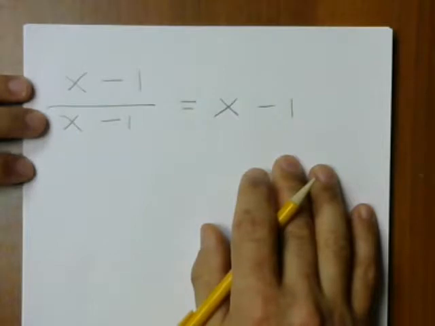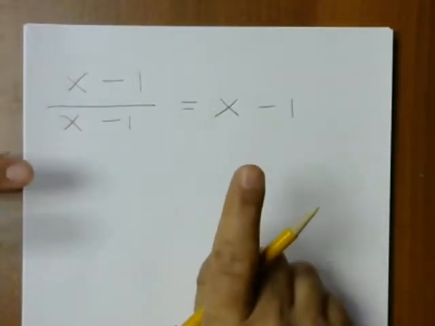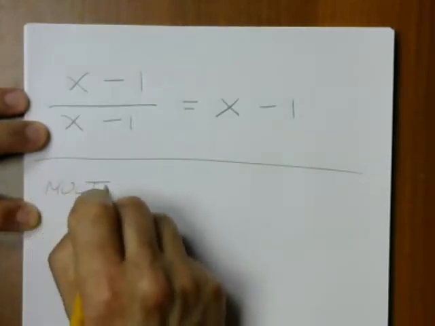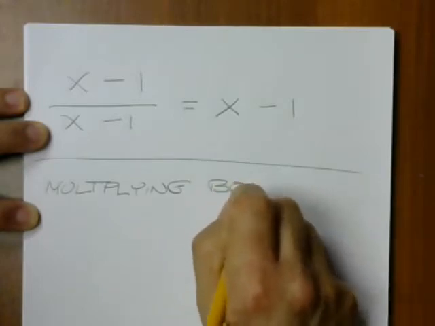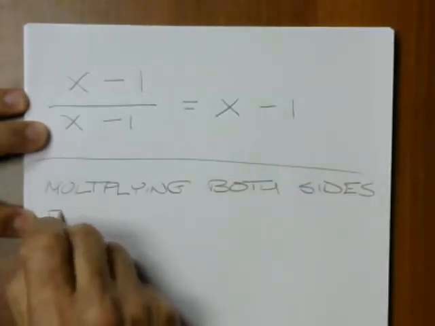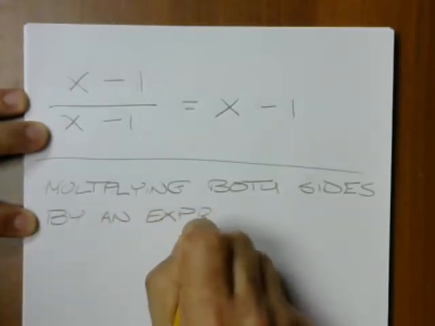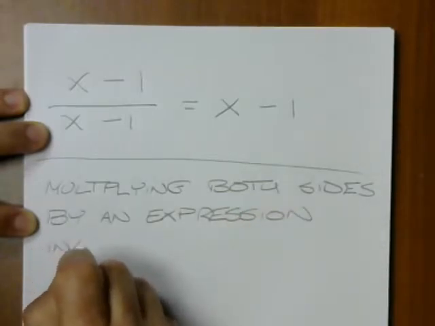So what am I going to have to do? Okay, I'm going to have to be very careful whenever I multiply both sides by an expression with a variable. Multiplying both sides by an expression involving the variable.